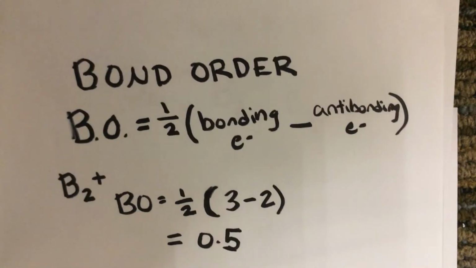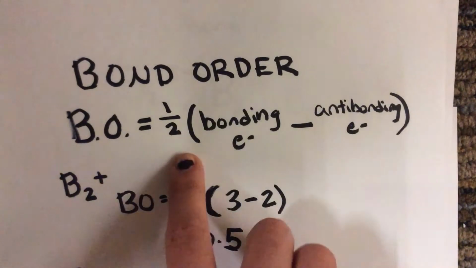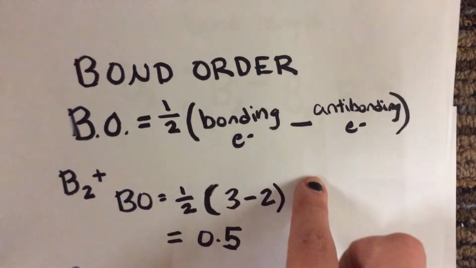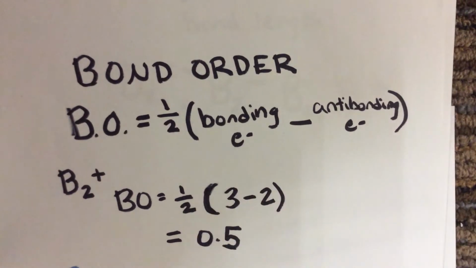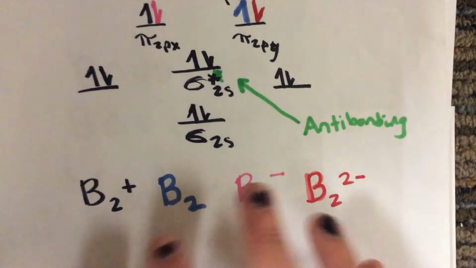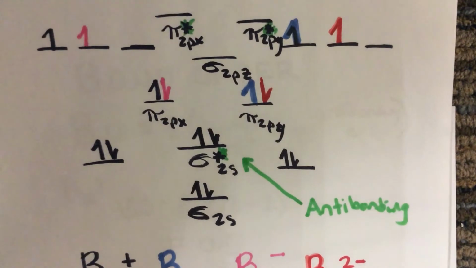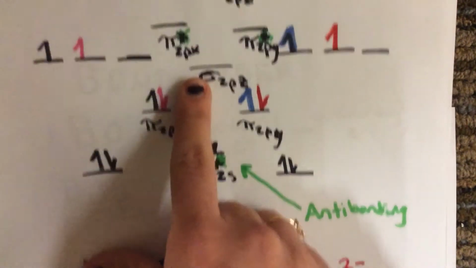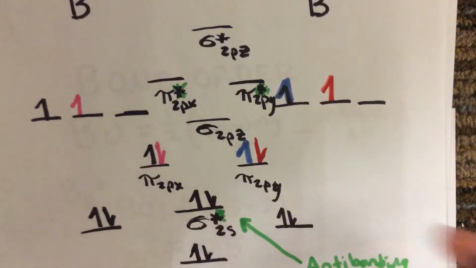For bond order, the bond order is equal to 1/2 the bonding electrons minus the antibonding electrons. And the antibonding electrons are the ones located in these levels here with the green stars.